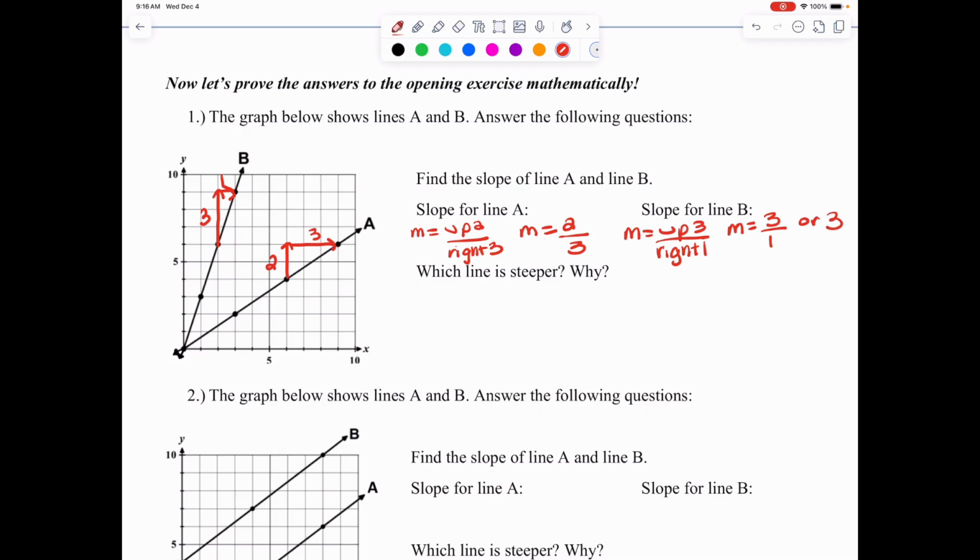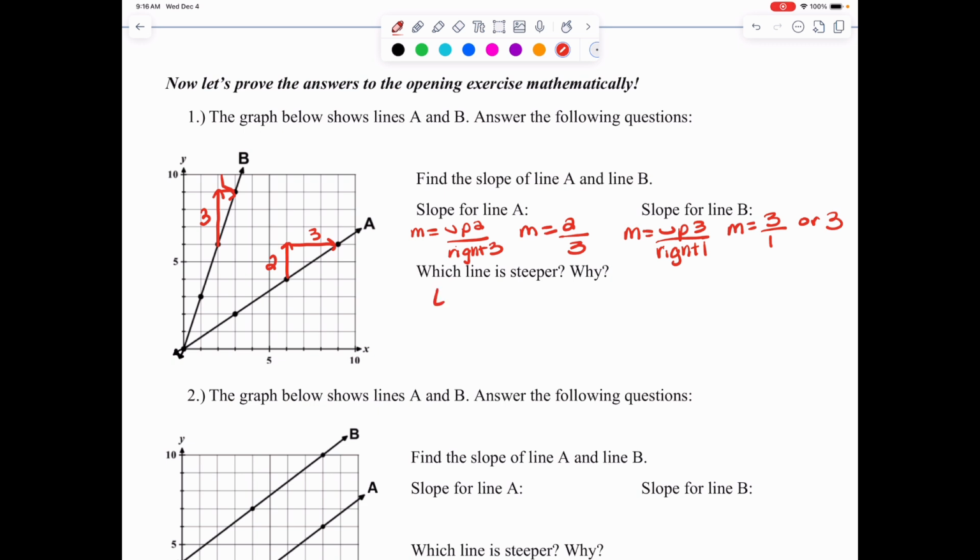So now, which line is steeper? We originally thought it was B, and now when I look at the mathematical proof, I see 2/3 as a slope for A, and I see 3 for a slope of B. So I have proven that line B is actually steeper because the slope is bigger than 2/3.